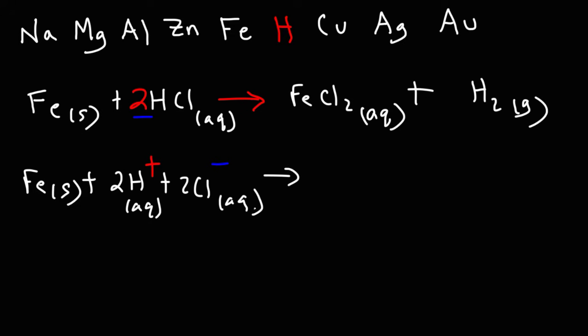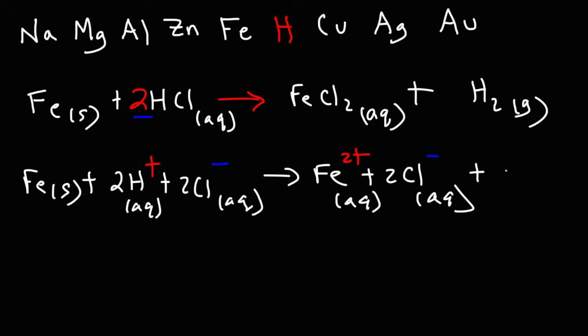Now we could do the same thing with FeCl2. We can break it up into the Fe2+ ion and 2 chloride ions. Now for hydrogen gas, we're not going to change it. It's not dissolved in water. So that is the total ionic equation.